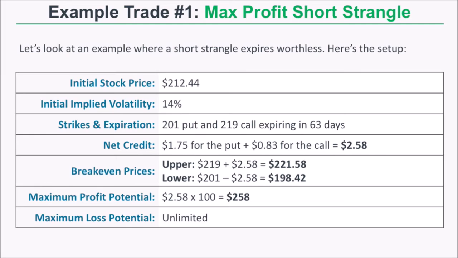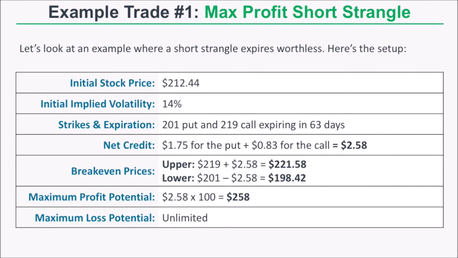Now our break-even prices for this trade will be $221.58 and $198.42, and that just comes from the short call strike plus the credit and the short put strike minus the credit. Now our maximum profit potential in this case is the credit of $2.58 times 100, which is $258.